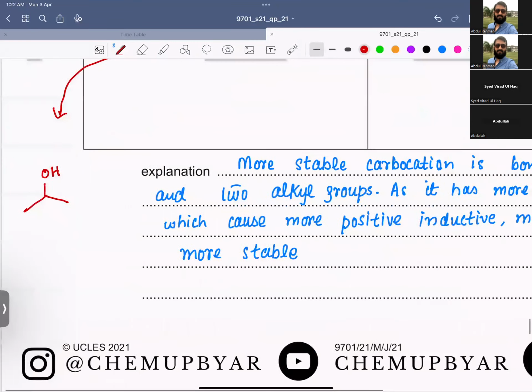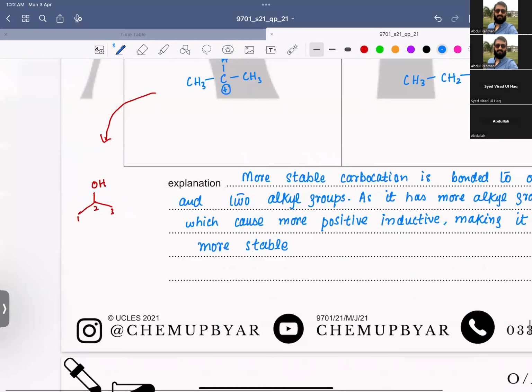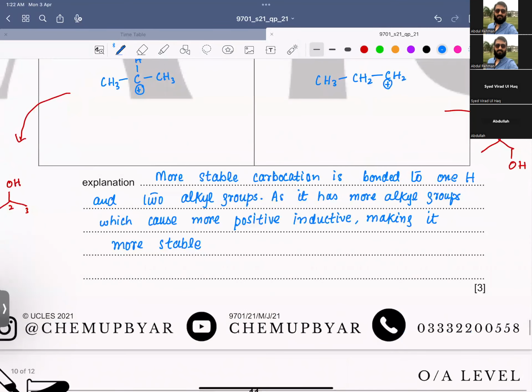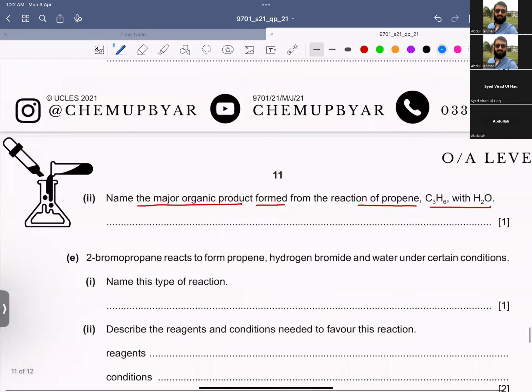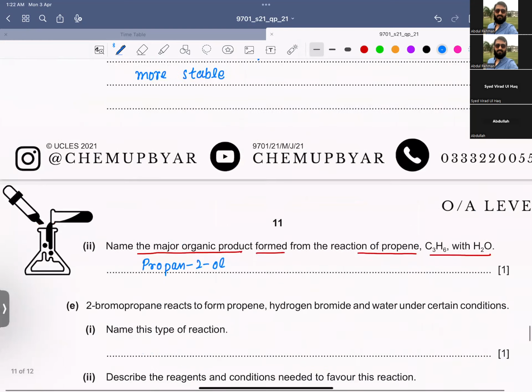So here the OH is bonded to carbon number 2. So the name of the major product would be propan-2-ol, and the name of the minor product would be propan-1-ol. So I have to just write the name of the major product. So I will write propan-2-ol. Is this understandable to everyone?